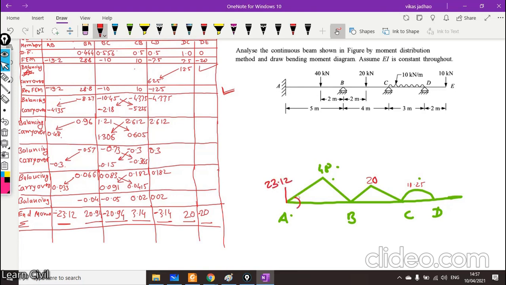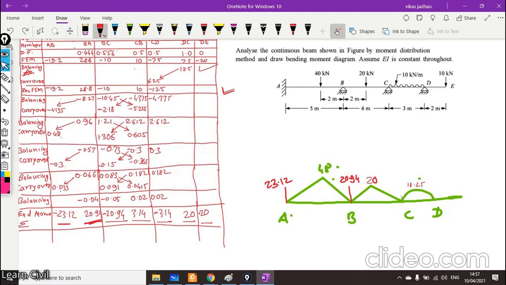Minus, therefore on the anti-clockwise side. Then we have 20.94, that is BA. So plus, therefore it will be on the clockwise side. So it will be 20.94. For BC we have minus 20.94, therefore on anti-clockwise side it is already drawn.